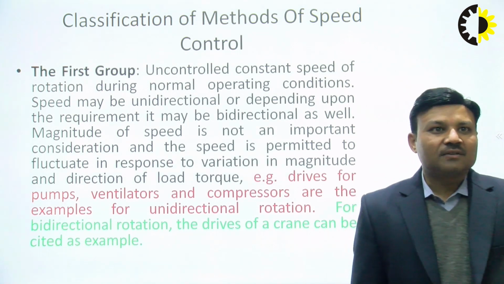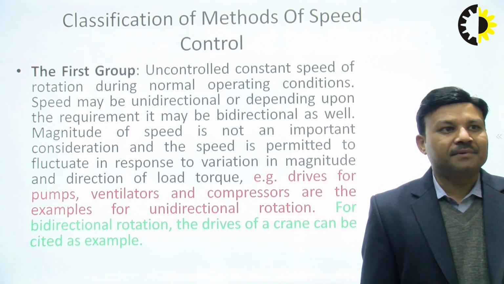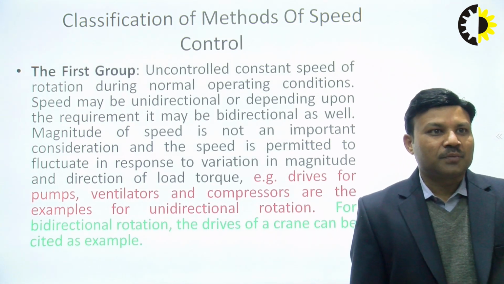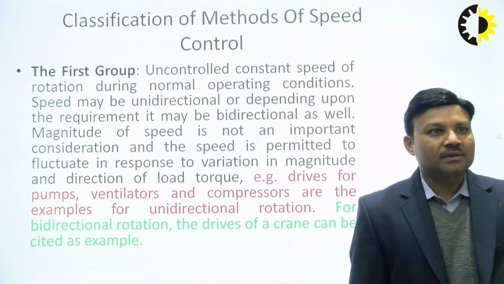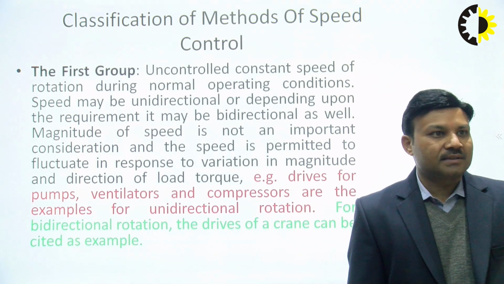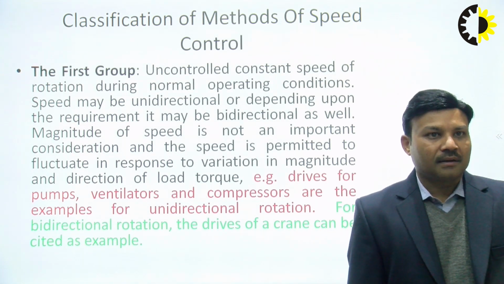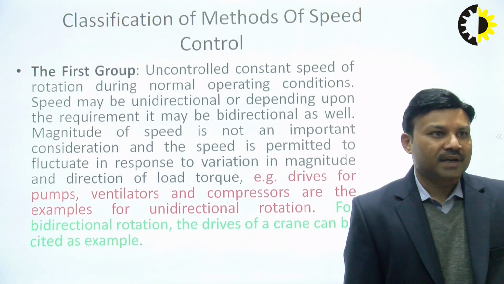So classification of methods of speed control. Here we will see there are different types of classification. In the first group, there are uncontrolled constant speed of rotation during normal operating conditions. The requirement may be bidirectional as well. So speed may be unidirectional or bidirectional.